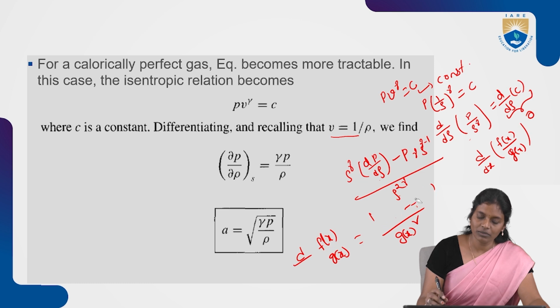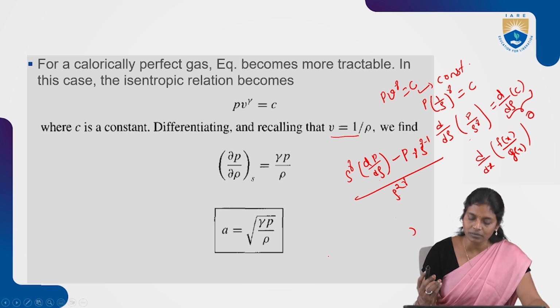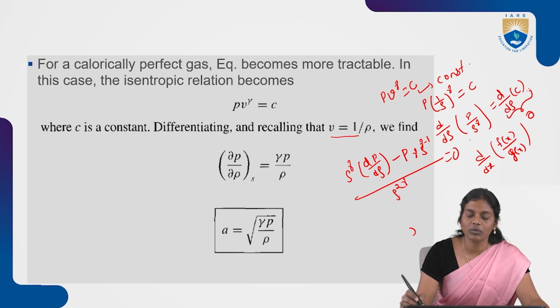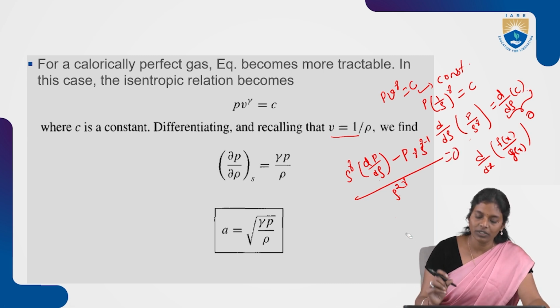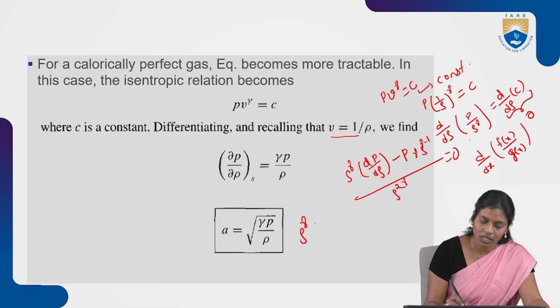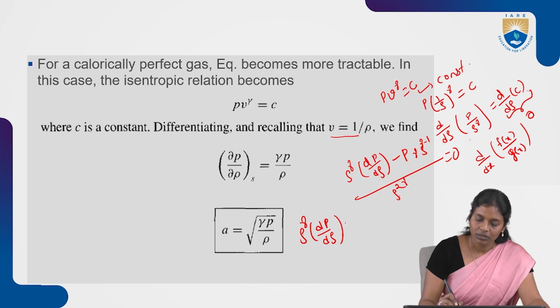So now from here, what we can do, if we are equating it to 0, right? Because d by d rho of C equal to 0. So now from here, what we can write: rho gamma dp by d rho minus p rho gamma minus 1 equal to 0.